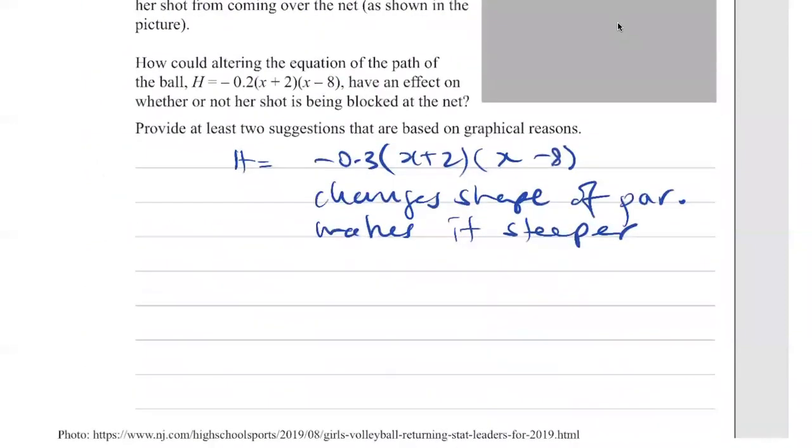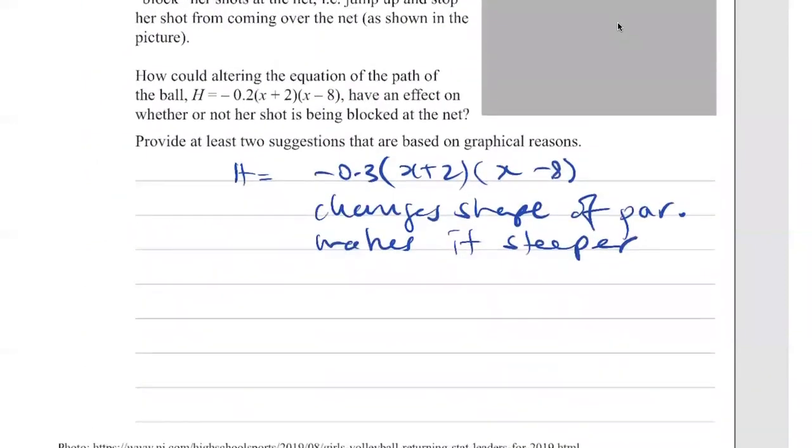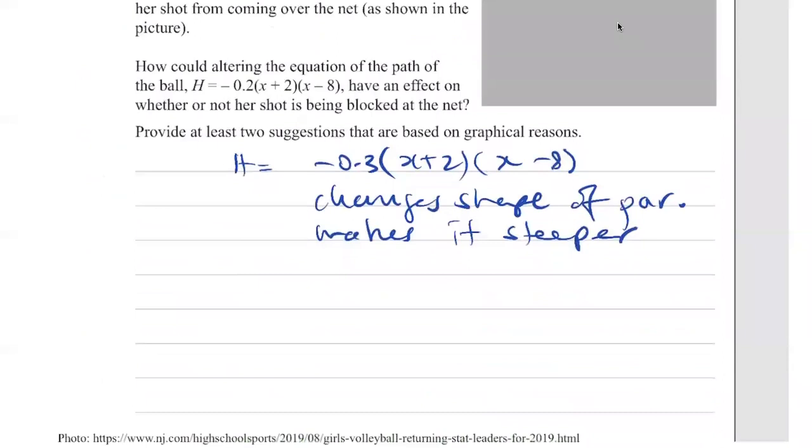So that stepping back then means we shift everything, say 1 step to the left, and therefore we still have negative 0.2. We keep that the same. So stepping back would mean that becomes x plus 3, and this would become x minus 7.